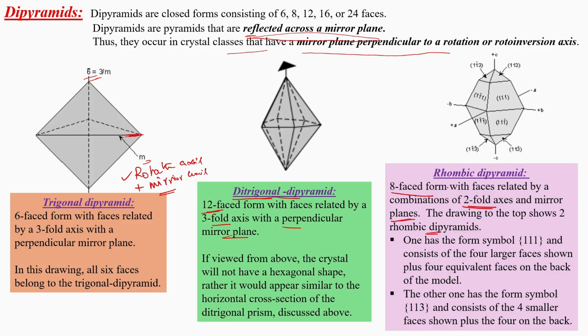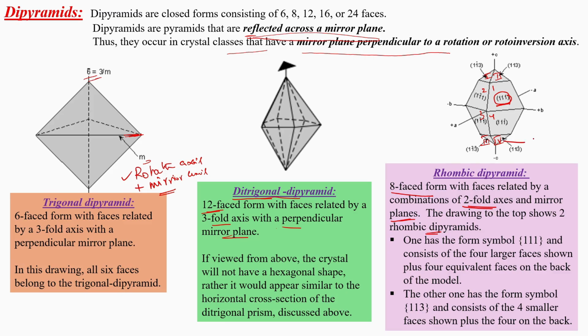Here you can find two different sets of rhombic tripyramidal. One is this set of similar faces, 1, 2, 3, 4. Similarly, the back side also, so 8 similar faces. Similarly, we can find another set where you will find 4 similar faces, and similarly on the opposite, back side, you will have another 4 faces.